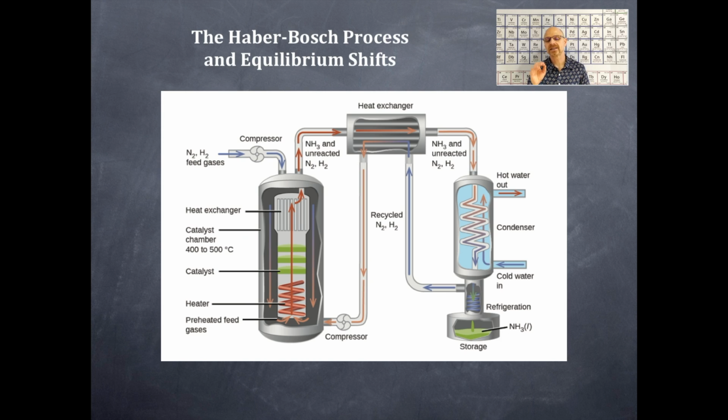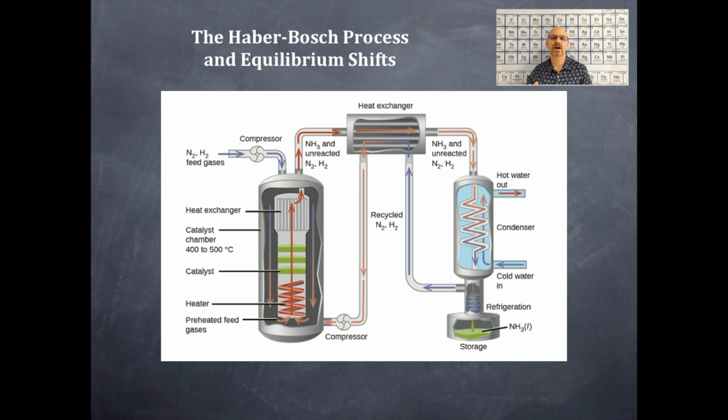Now this condenser doesn't cool down the hydrogen and the nitrogen enough to reach the liquid state. So you are separating out via a boiling point, if you will, condensation point, such that the ammonia will be in the liquid state and the nitrogen and hydrogen gases will be recycled back into the system.